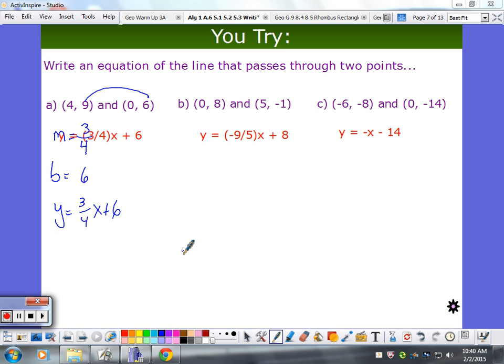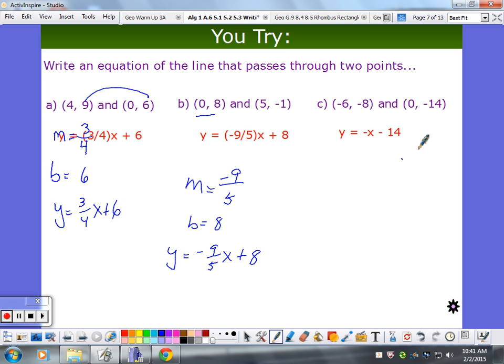Did you get y equals negative 9/5 x plus 8? No? Let's see, let's find the slope. Negative 1 minus 8, that's negative 9. 5 minus 0, 5. Oh wait, that's my y-intercept, because the x value is 0. So y equals negative 9/5 x plus 8. This one you have to find your slope. You get a slope of negative 1?